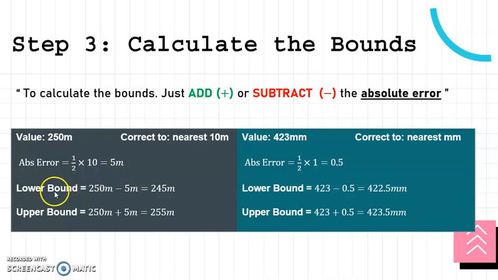So next, calculate the lower bound, which is to subtract the absolute error, and you will get 245 meter. For upper bound, we add the absolute error, and then you will have 255 meter. So this is how we calculate the lower and upper bound of measurements.